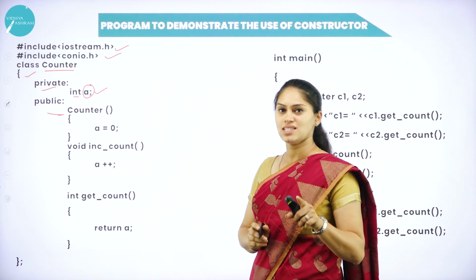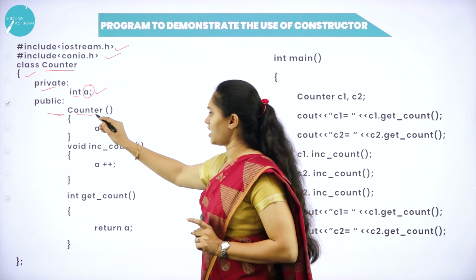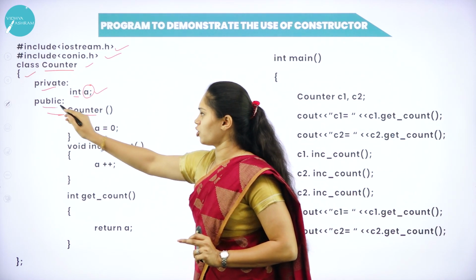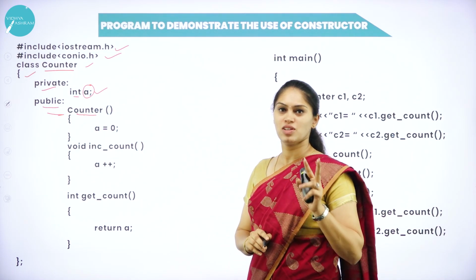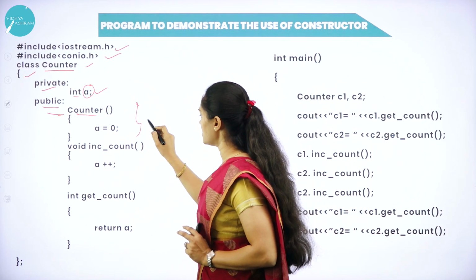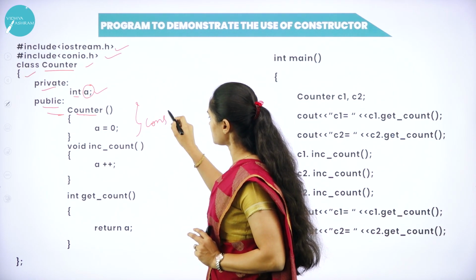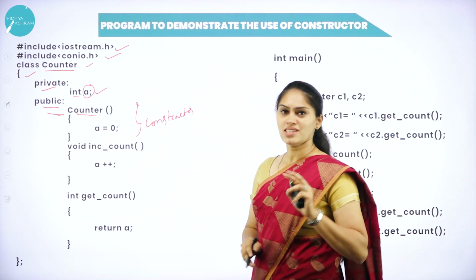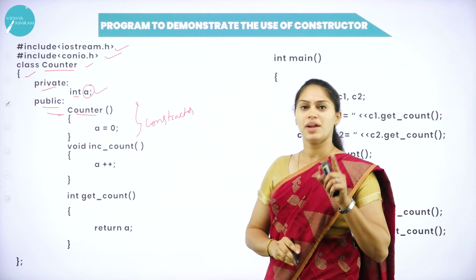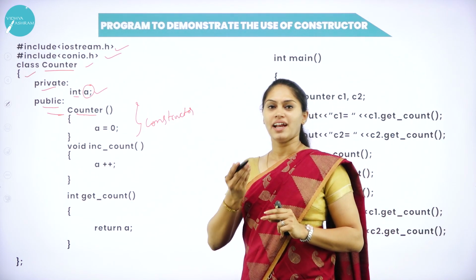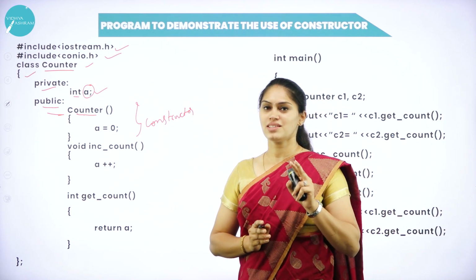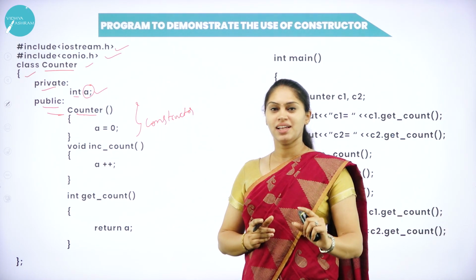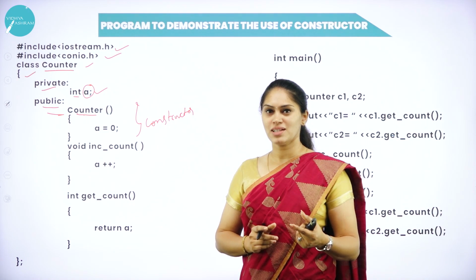No. That means this counter has the same name as the class, it comes under public scope, and it has no return type, so it is a constructor. What is the usage of a constructor? It is mainly used to initialize the data variables of a class. I repeat, students, listen: it is mainly to initialize the data variables of a class.